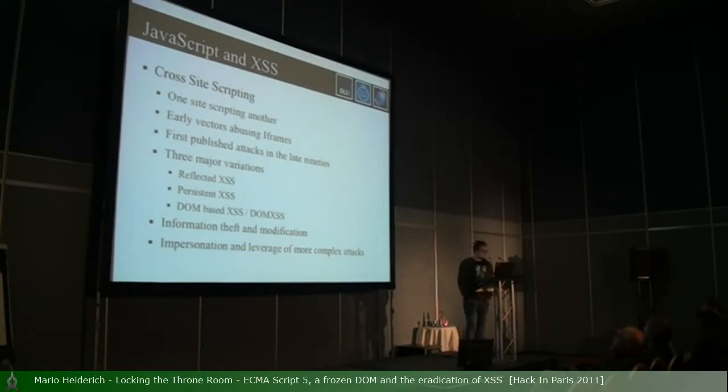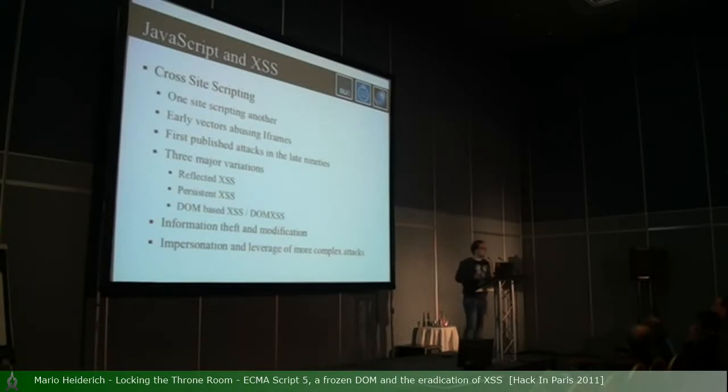And then we have one of my favorite kinds of XSS, which is DOM-based XSS or DOM XSS, which brings a special problem. Who here knows what the big difference between the first kinds of XSS and DOM XSS is? Exactly, and that is the most important thing here.